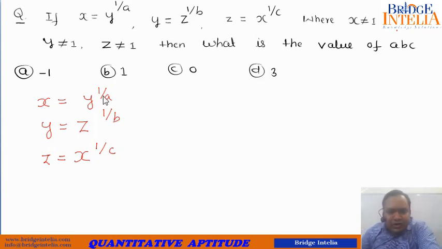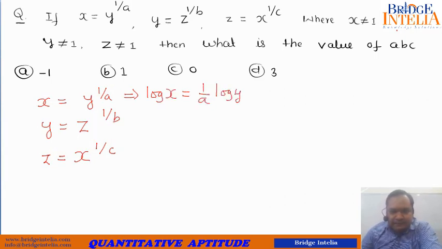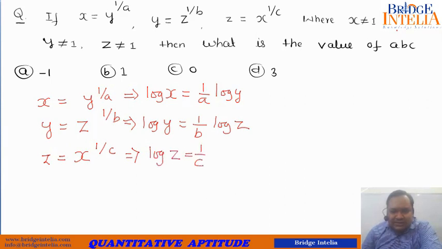So if you take log on both sides, you can conclude from here that log x is equal to 1 by a log y. Similarly, from here you can conclude that log y is equal to 1 by b log z, and from here you can conclude that log z is equal to 1 by c log x.